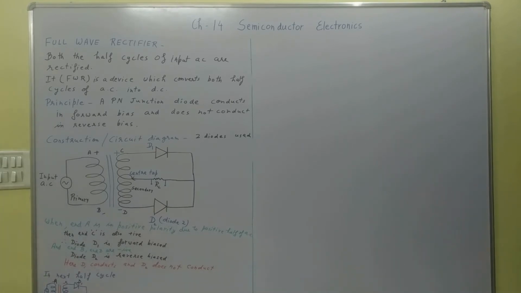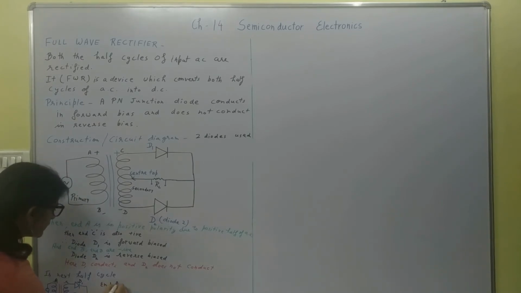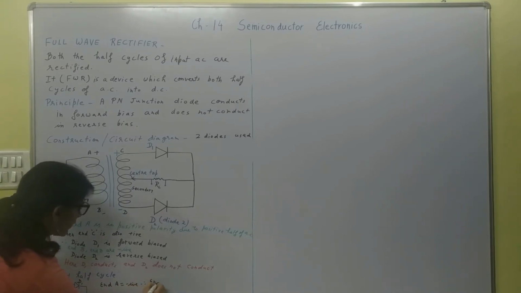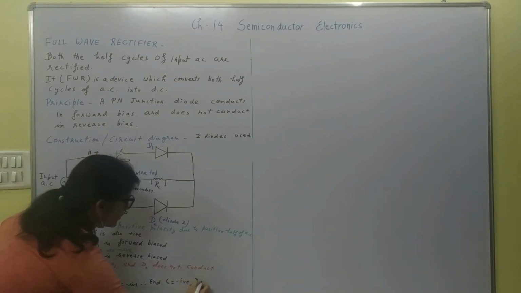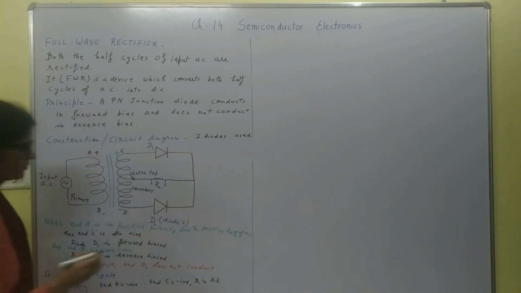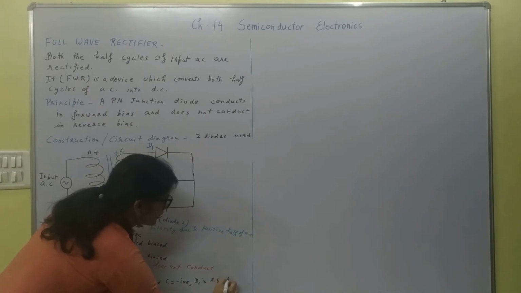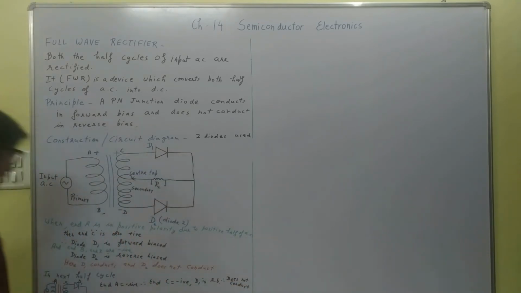In this half cycle, A is negative and C is negative, therefore D1 is reverse biased and does not conduct, right?